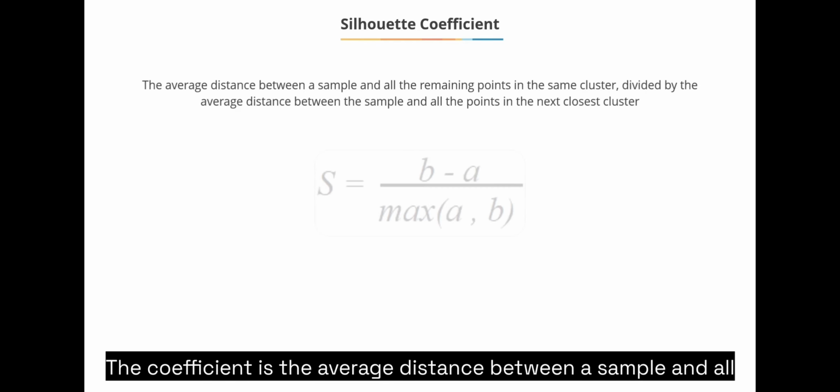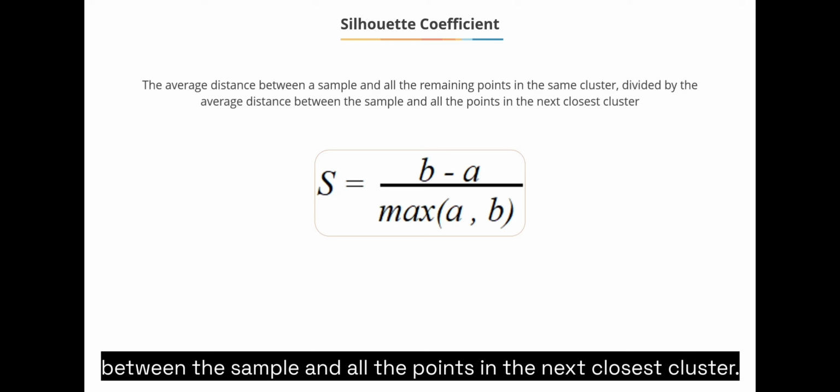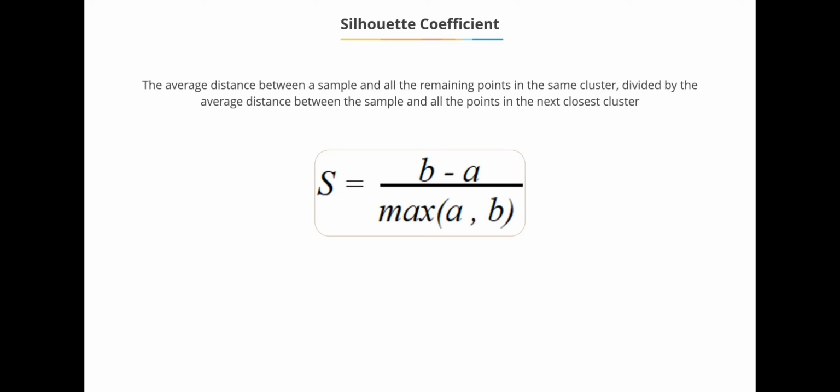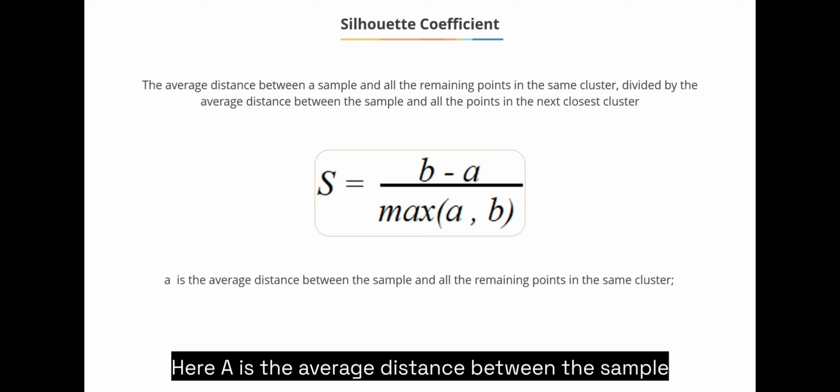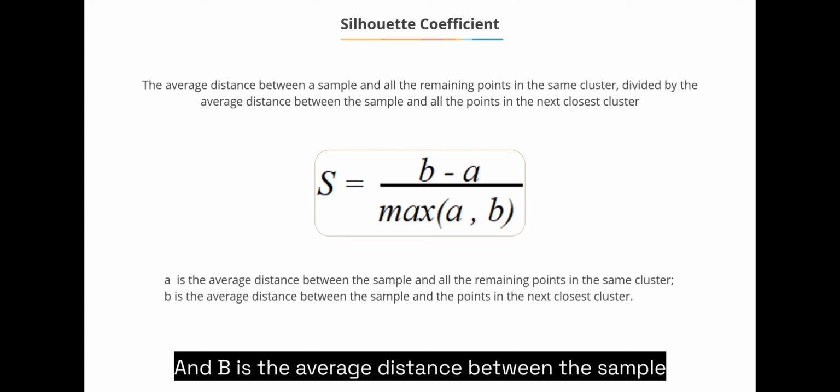The coefficient is the average distance between a sample and all remaining points in the same cluster divided by the average distance between the sample and all the points in the next closest cluster. Here, A is the average distance between the sample and all remaining points in the same cluster, and B is the average distance between the sample and the points in the next closest cluster.